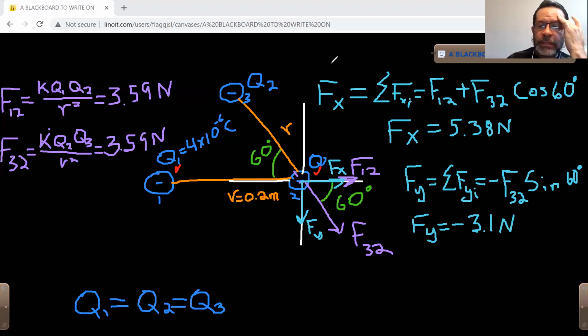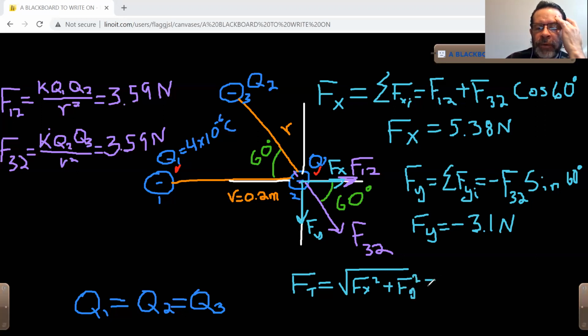And now the last thing we need to do is the calculation of the total force. The total force we mentioned was going to be calculated by the Pythagorean theorem, which is the square root of Fx squared plus Fy squared. And if I'm not mistaken, this is 6.2 newtons, right? Yes.